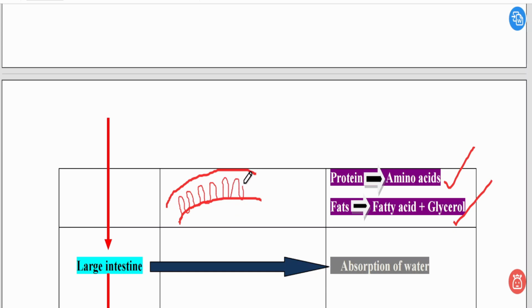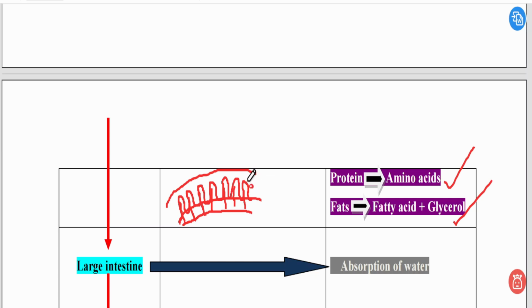I am drawing only one side. Suppose these are the villi, finger-like projections, supplied with blood vessels, and these blood vessels will directly be connected to the main bloodstream.